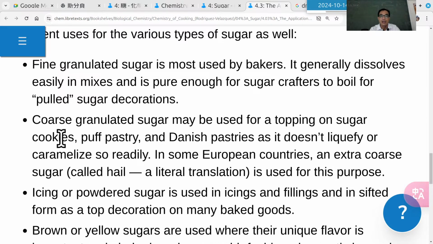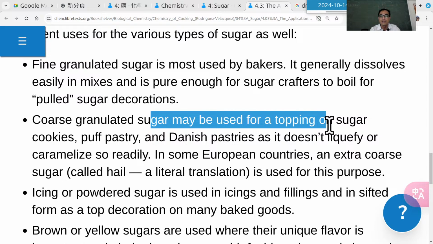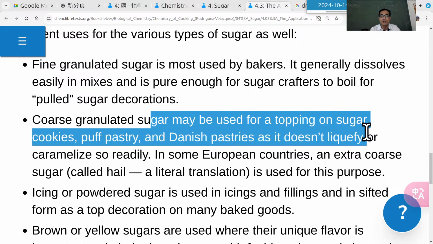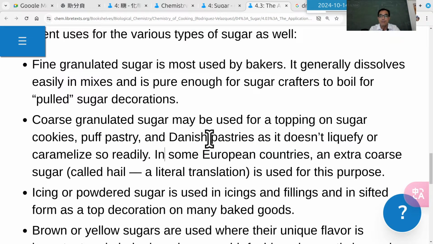and coarse granulated sugar may be used for topping the sugar cookie, puff pastry and Danish pastries as it doesn't liquefy or caramelize so readily.